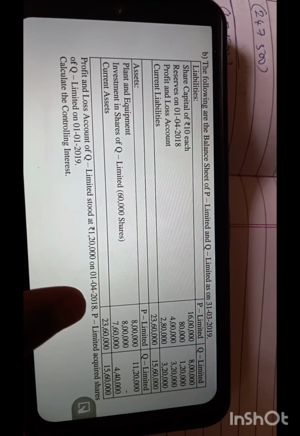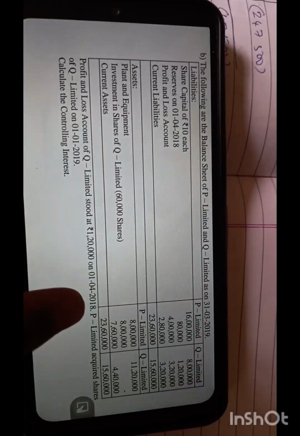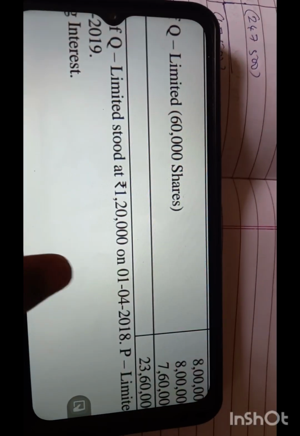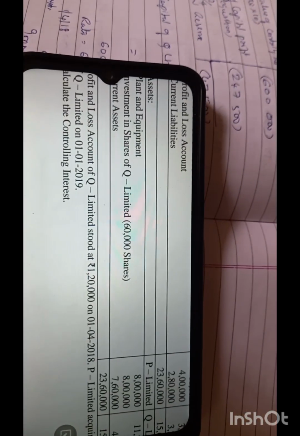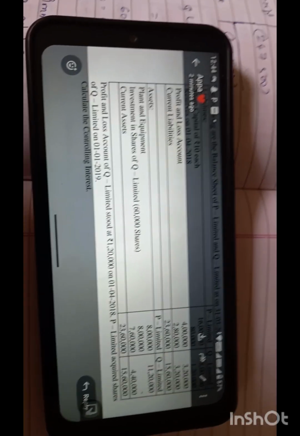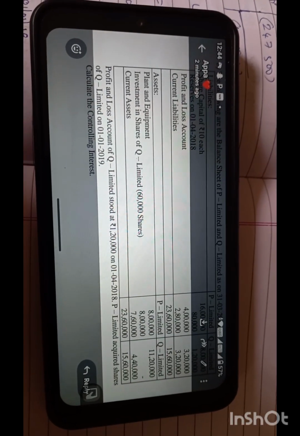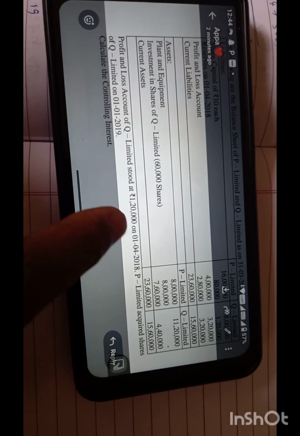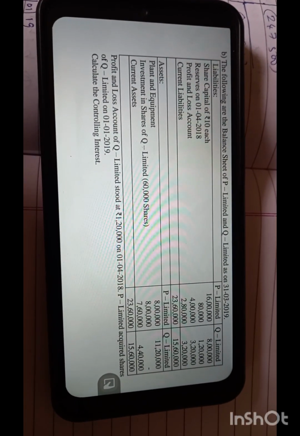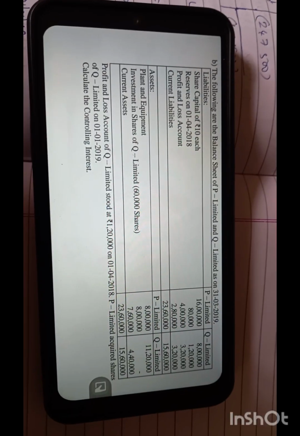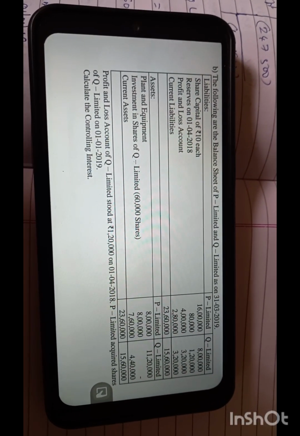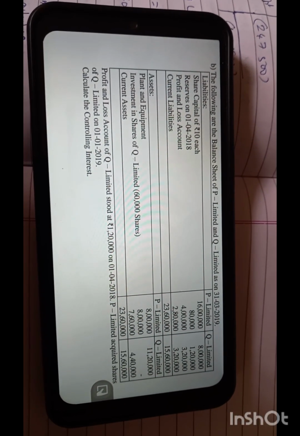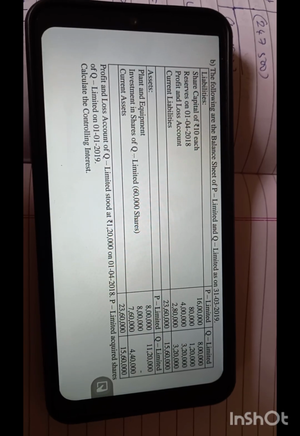So investments in shares of Q Limited, that means they are investing 8 lakh to acquire 60,000 shares of Q Limited. Profit and loss account of Q Limited stood at 1 lakh 20,000 on 1/4/2018.